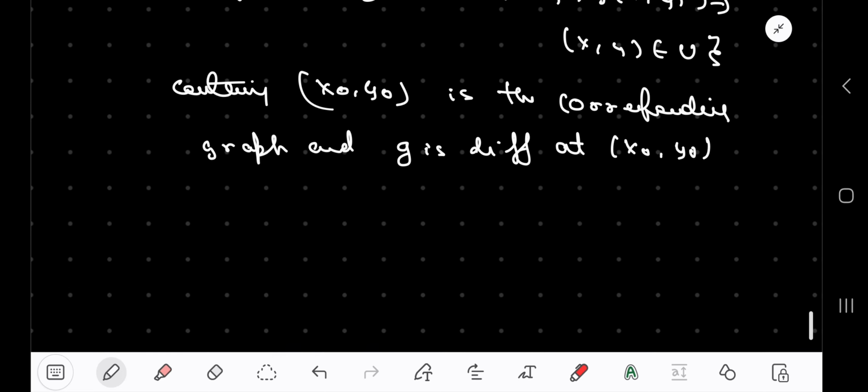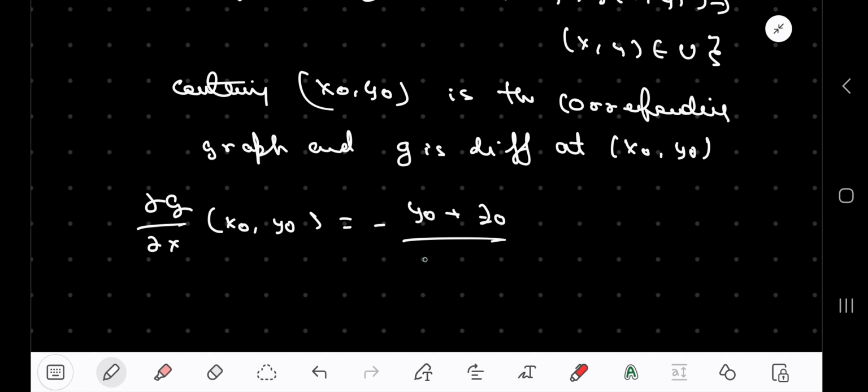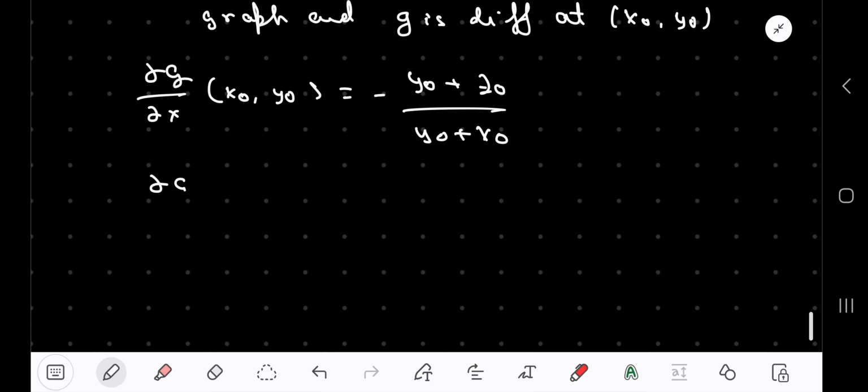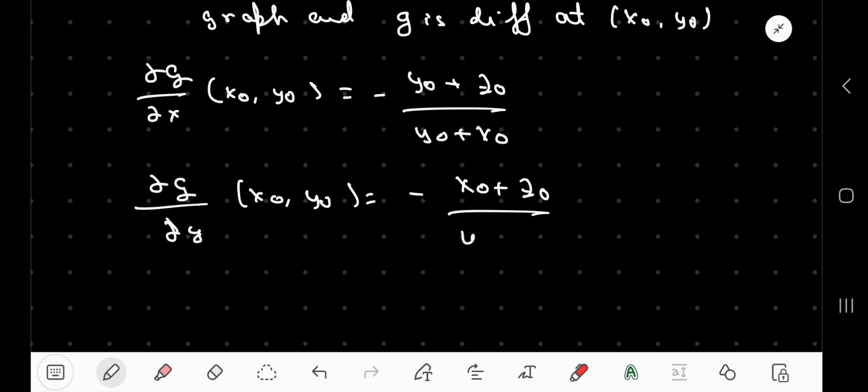Moreover, the derivative of g in the x direction at x naught, y naught is y naught plus z naught over y naught plus x naught, using the formula we had given for the derivative of g, and similarly the derivative in the y direction is minus x naught plus z naught over y naught plus x naught.